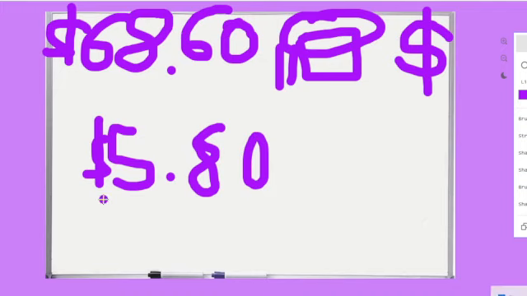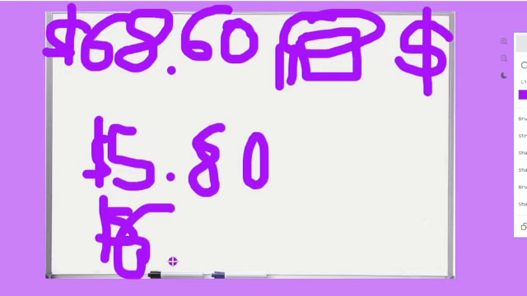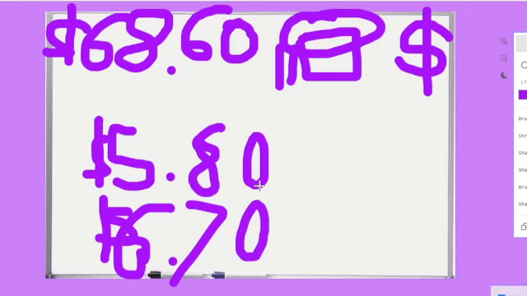Also buy a toy robot as well for $6.70. How many coins do you have left? Coins is oddly specific, so we're going to just see how many dollars you have left.